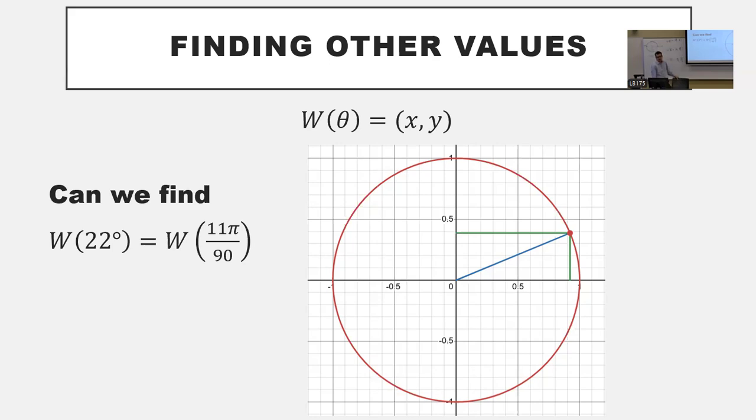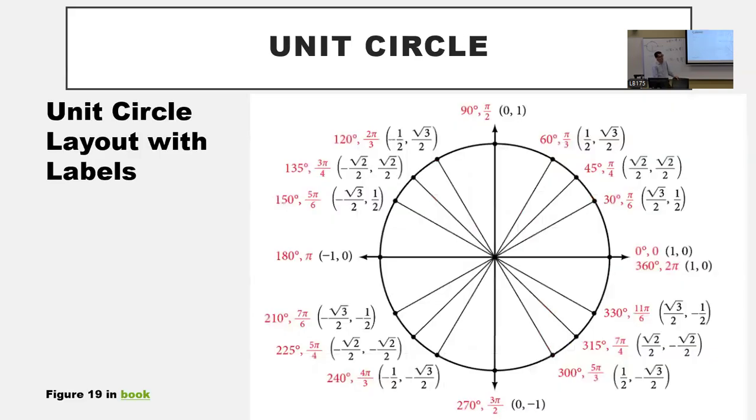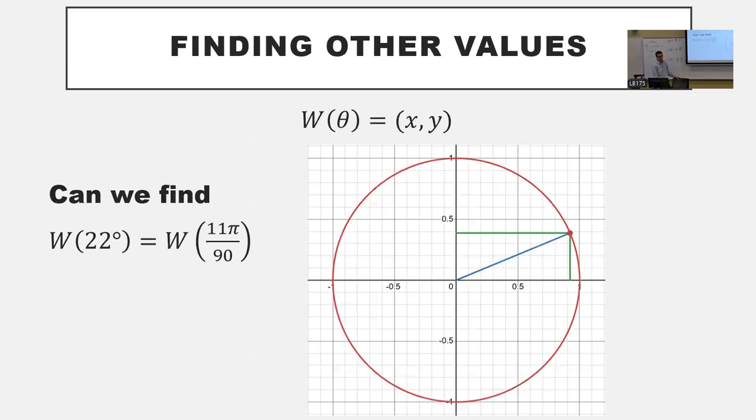But I can't figure that out from that unit circle picture. It's still going to be some point that satisfies x squared plus y squared equals 1, because it's going to be on the unit circle.